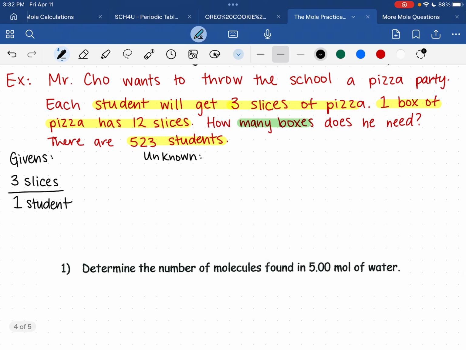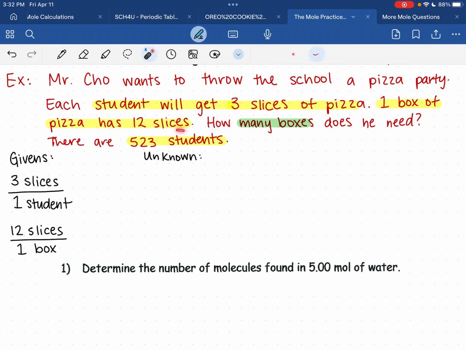1 box of pizza has 12 slices, so 1 box for 12 slices. So 12 slices per 1 box. Okay, so those are some of our conversion fractions. Or conversion ratios, it's the same thing, conversion factors, again, all the same thing.